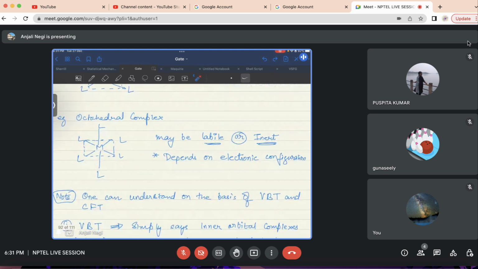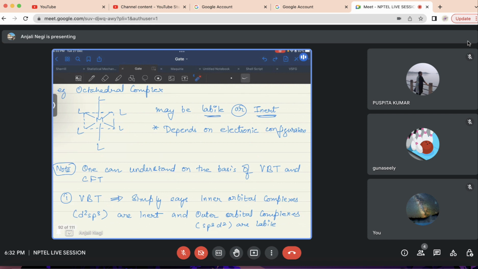Now for my octahedral complex, I already have 4 ligands in the same plane, and one above and one below the plane. So it is a little less labile in comparison to the square planar complex, and hence it may be labile or inert. It depends on the electronic configuration that we have, so we will look into it later.